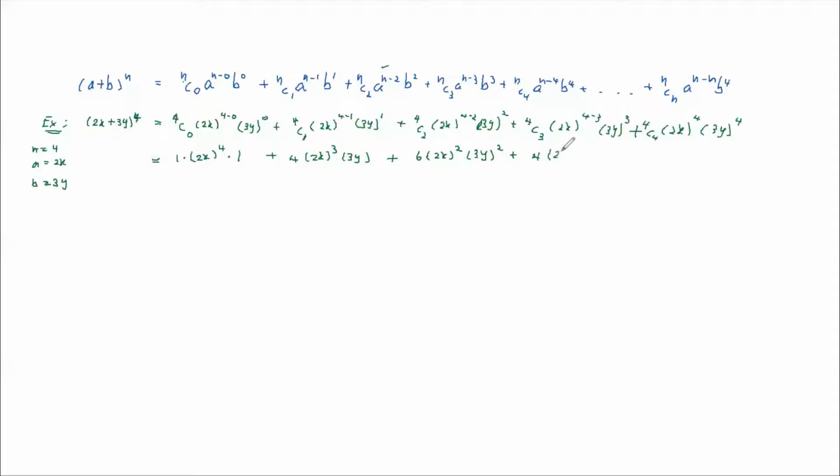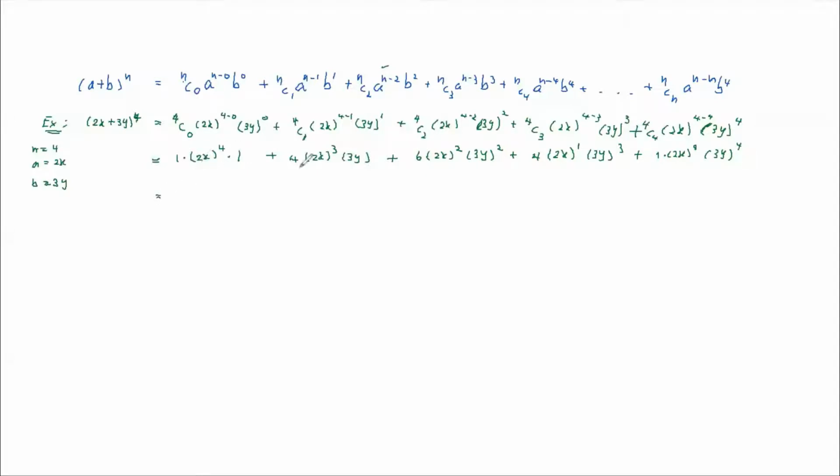And this one is going to be 2x, 4 minus 3 becomes power 1, and this 3y power 3. Plus 4c4 is 1, right? Times 2x, this one has to be 4 minus 4, so it becomes 2x power 0, times 3y power 4. Okay, now we simplify.